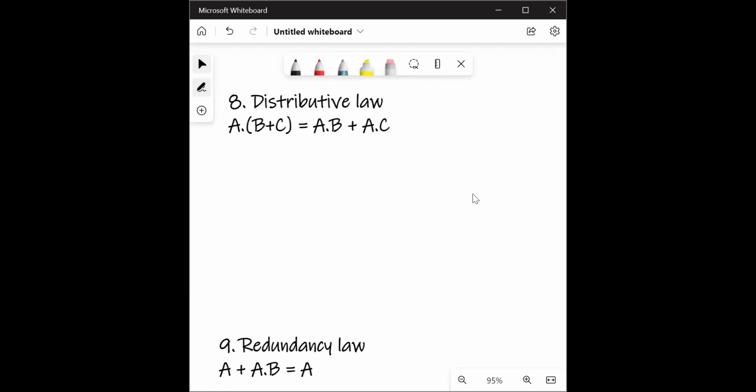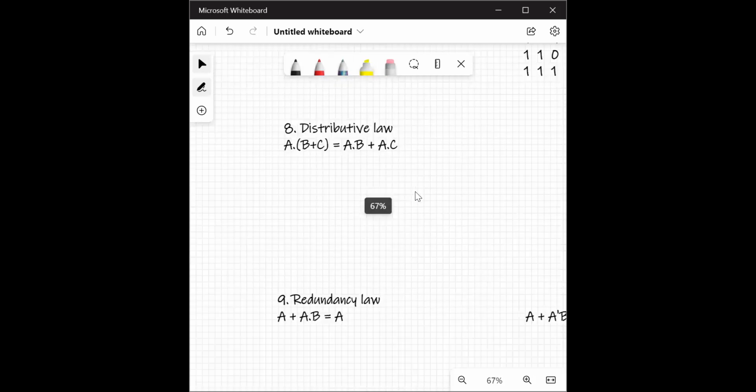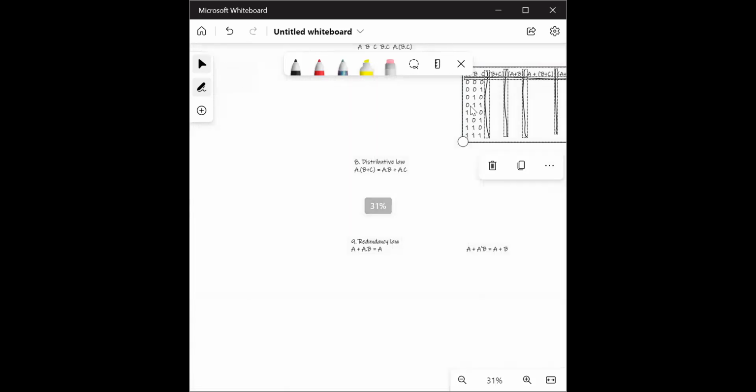Right. So in distributive law, what we say is we have A, B, C. Let me copy from here.